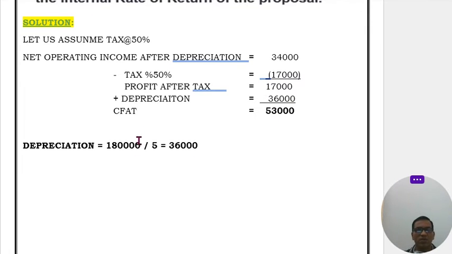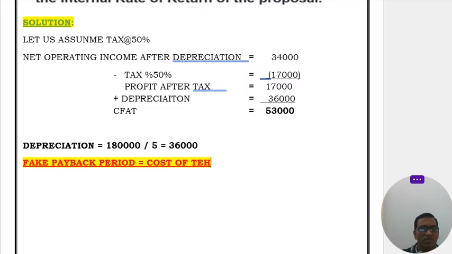So now first what I have to do here, F value I have to calculate, fake payback period. Fake payback period, or it is also known as factor to be located, equal to cost of the investment or cost of the project divided by annual CFAT. What is the cost of the investment?